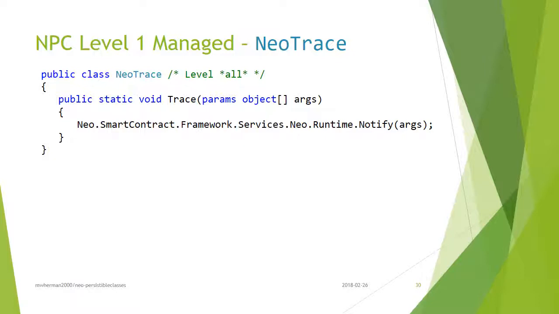And you see a fully qualified method called notify here. One of the reasons for that is there's some overlap in some of the namespaces in the Neo libraries. So this is partly a convenience and partly a necessity. But you'd call it just the same way you would call notify if you're calling it natively.